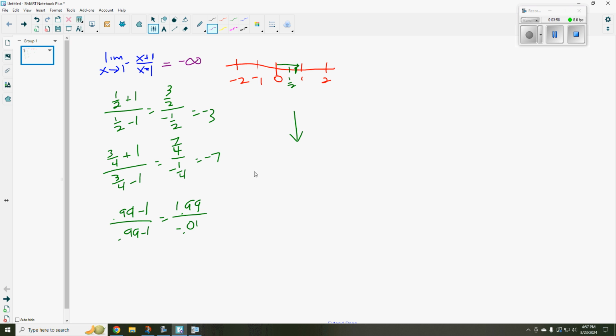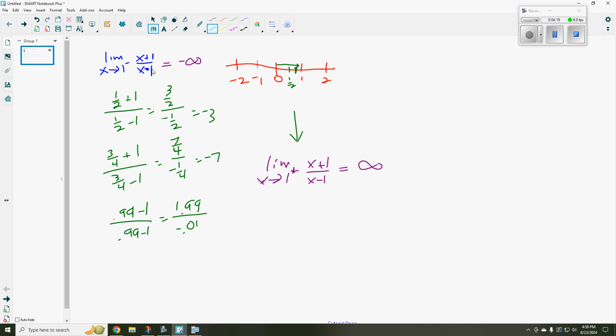And if I do my limit as x approaches 1 from the positive side of x plus 1 over x minus 1, I can see that that is going to be equal to positive infinity.